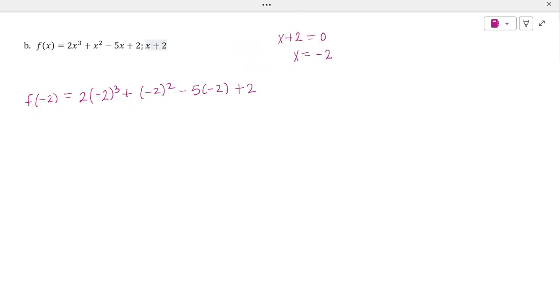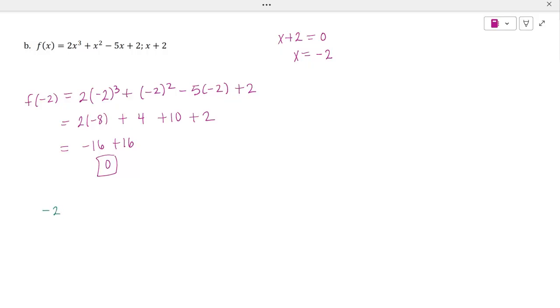All right, let's see. This is 2 times -8. This is going to be a plus 4. This will be plus 10 plus 2. I'm getting -16 plus 16. Yeah, this is 0.